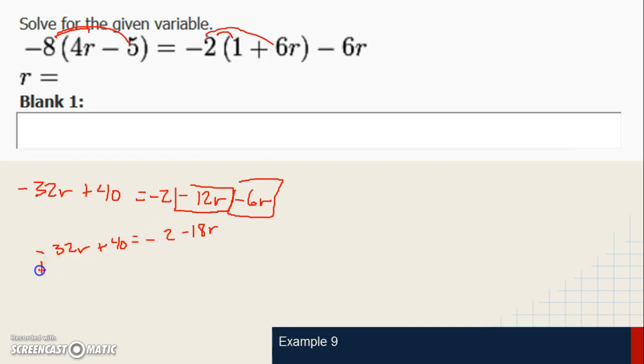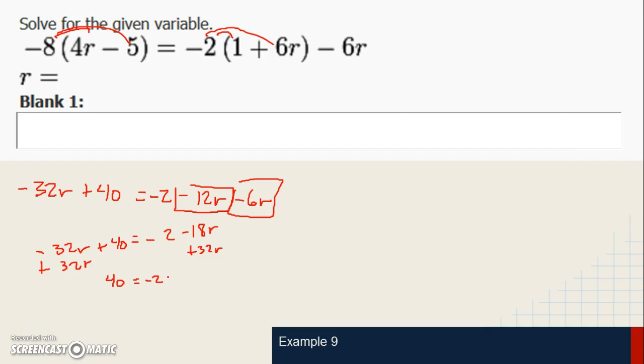Negative 32r is the smaller coefficient with the variable, so I go ahead and add it to the other side, and I end up with 40 equals negative 2 plus, is that 16?